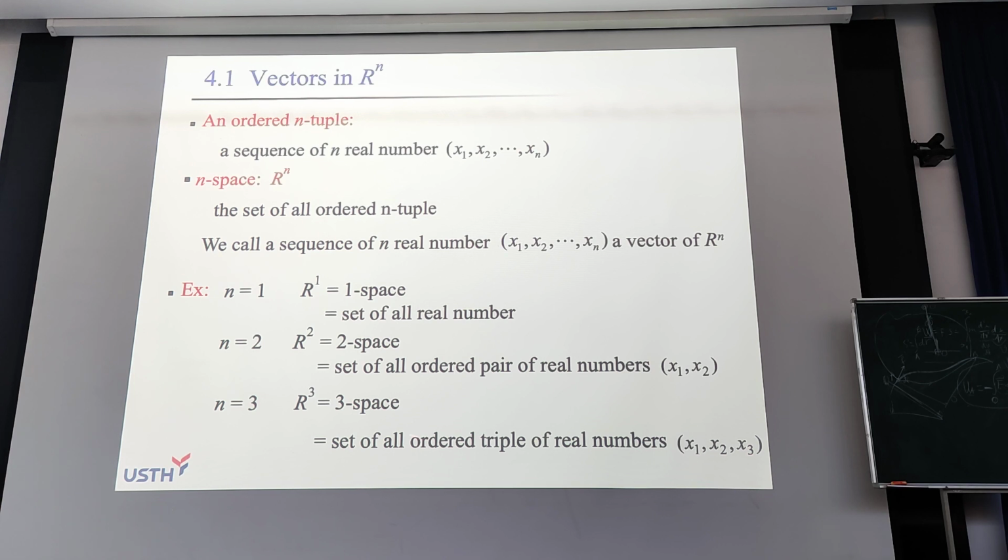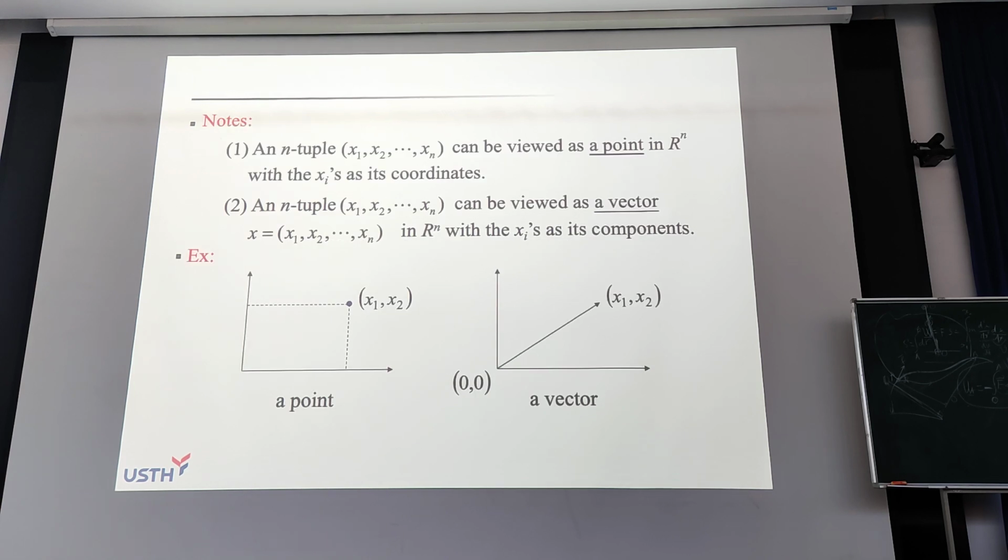Like that, then we call it n-space. I say that, but an n-tuple (x1, x2, ..., xn) can be viewed in two different ways. The first one, it can be considered as a point here, with two coordinates x1 and x2.